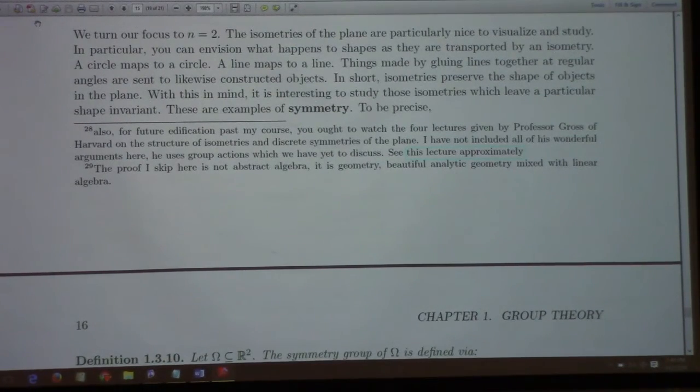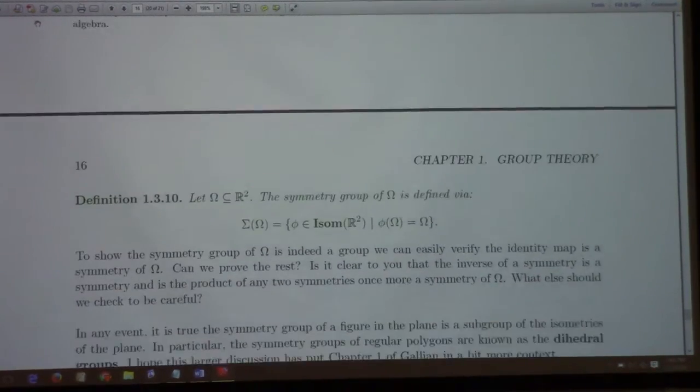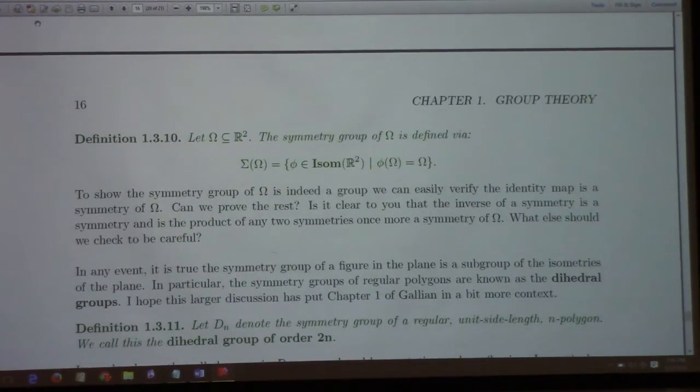And so if we focus our attention on n equals 2, that is where Gallian lives and where we're mostly living. That's what I'm going to talk about for the remainder of today. We can fix a particular subset of R2. Mostly I'm thinking about a triangle or a square or a pentagon or some regular polygon. But it could be other things, like a two-dimensional car.